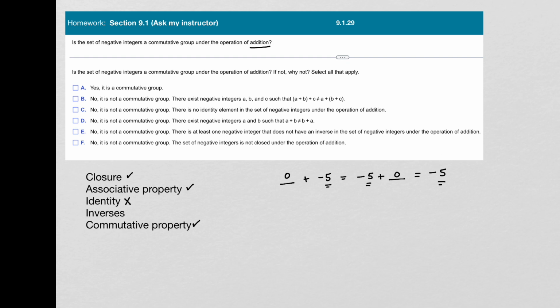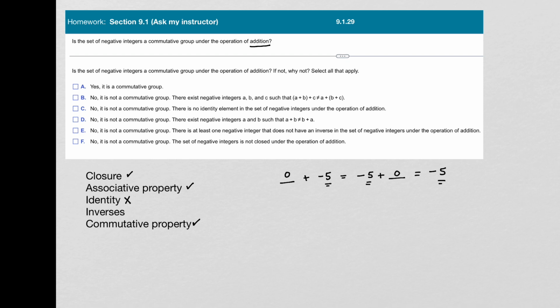And if we don't have an identity element, it's not possible to have inverses, because then I would need a number that I could add to -5 to give me the identity element, but we already said the identity element is not in the set. In this case, this would be a +5, which is also, again, not a negative integer.